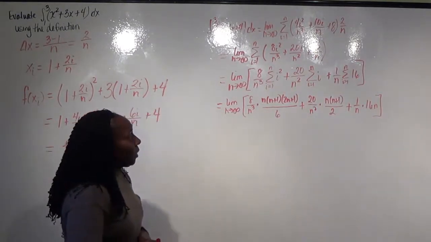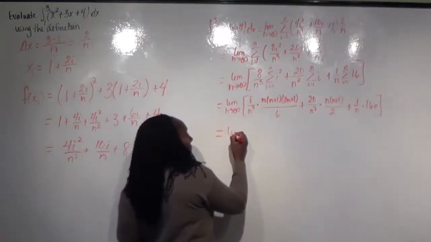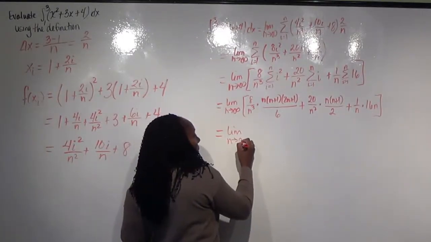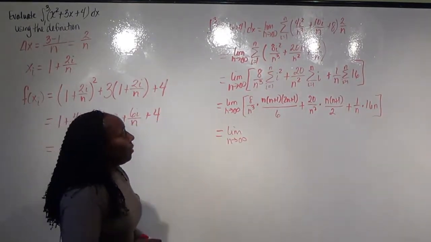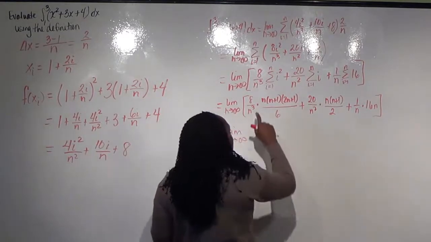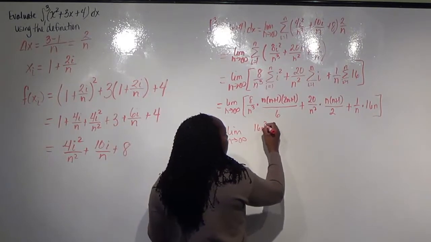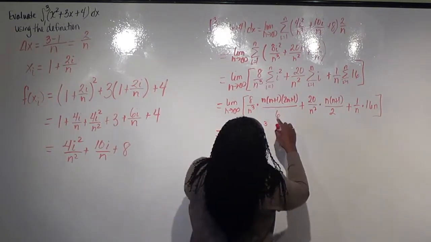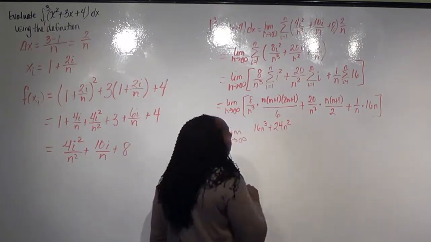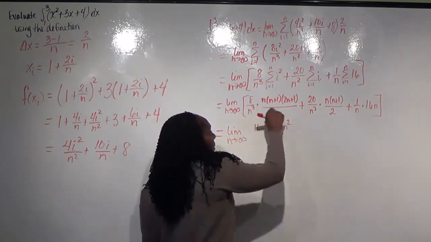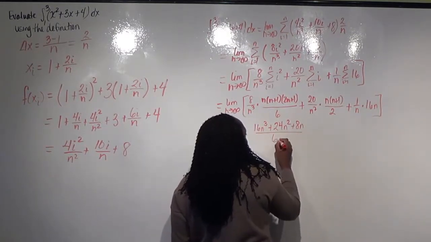Just like the last one, we want to clean this up some so that we can take our limit. So here again, I want to multiply things out. So multiplying out here and then multiplying by 8, I'm going to get a 16n cubed plus we'll get a 24n squared plus an 8n all over a 6n cubed.